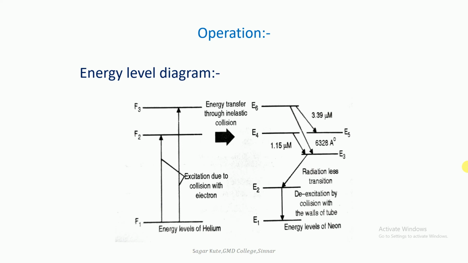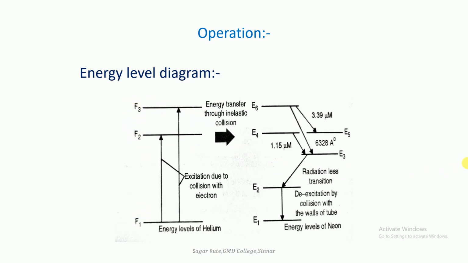The lifetimes of the energy levels F2 and F3 of helium are long, that is 10 raised to minus 4 second and 10 raised to minus 6 second. Therefore, these levels of helium become more densely populated than the level F1 of helium, that is this one, F1, F2 and F3.